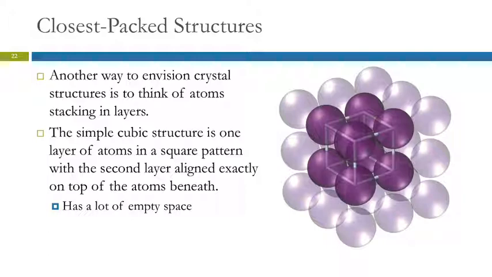So a simple cubic structure, that first unit cell we looked at, is where we have layers of atoms where the atoms are in rows and columns and they're stacked right on top of each other. It's hard to get spheres to stack like this when you don't have intermolecular attractions to pull them together. There's a lot of empty space in this packing structure.